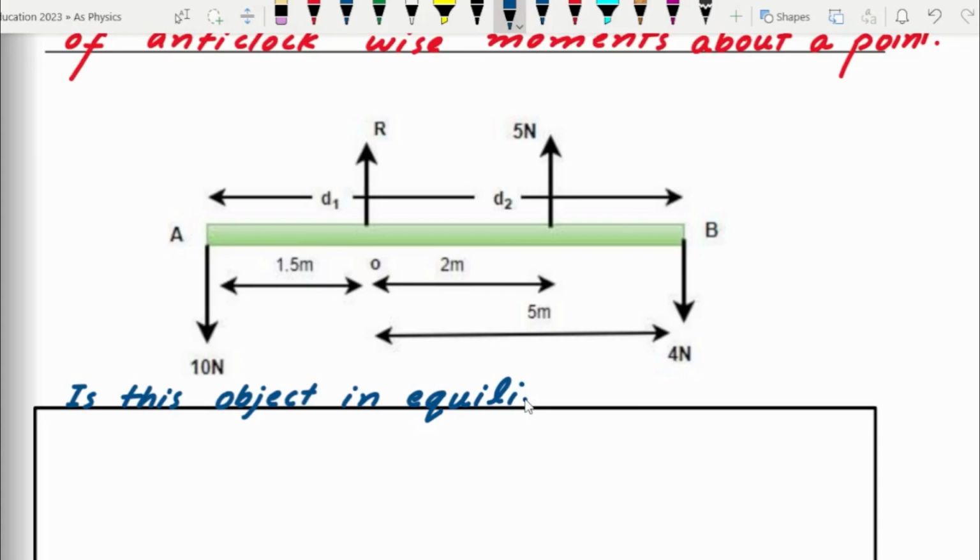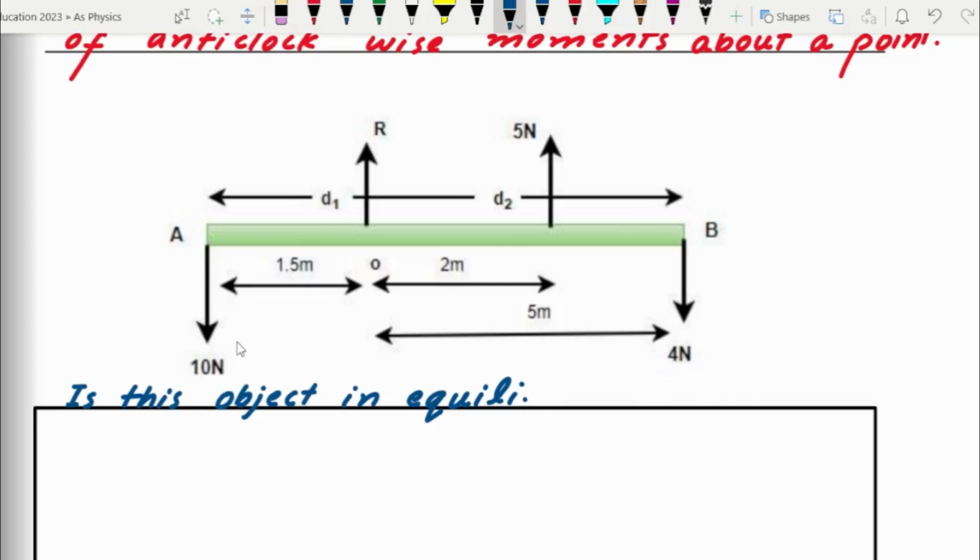Now the second condition of equilibrium is that the sum of clockwise moments should be equal to the sum of anti-clockwise moments about any point. This is what the principle of moment reads. Then the object would be in equilibrium.